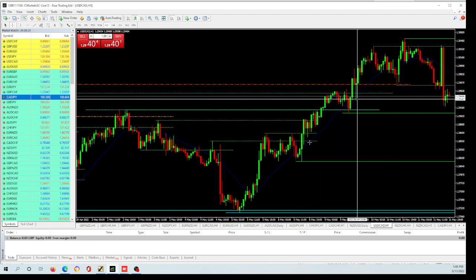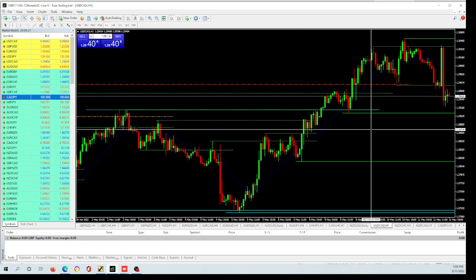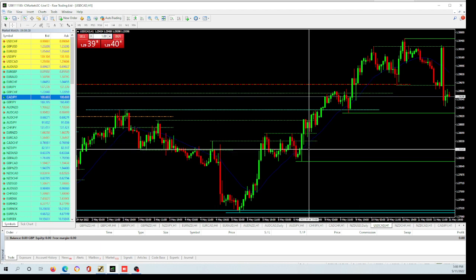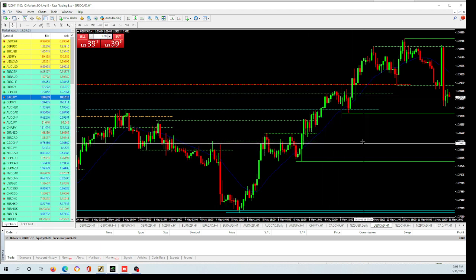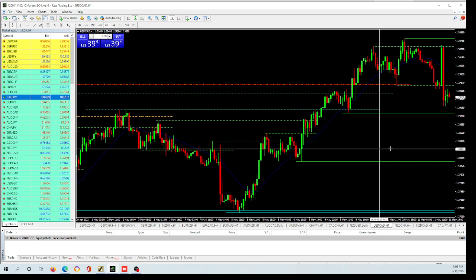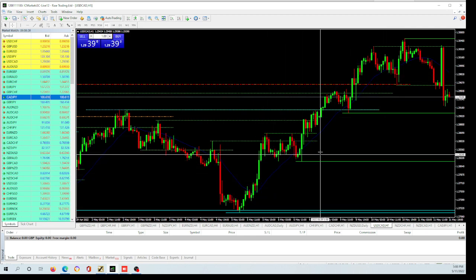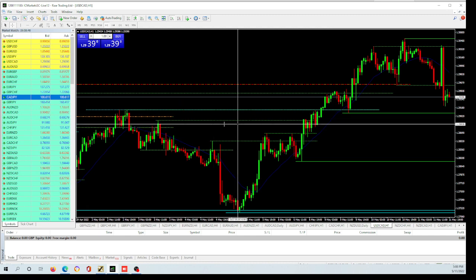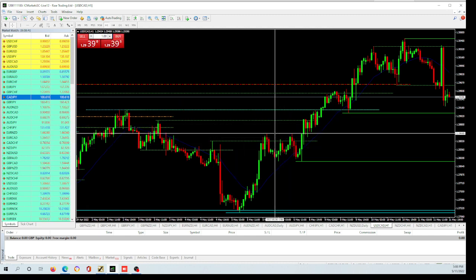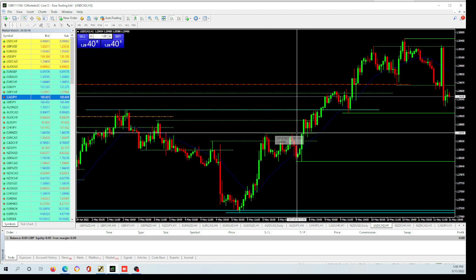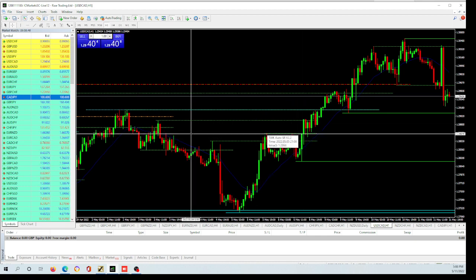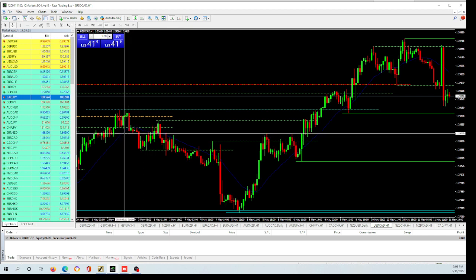Once you pass, you can draw your own lines, right? Yes, you can draw your own lines, but the lines are already drawn for you, and they are the same as the ones that I draw. What I normally do is extend them. You see the line is not extended, but if you put the cursor there and look to your left, you can see they are right on those support and resistance lines, which is correct.